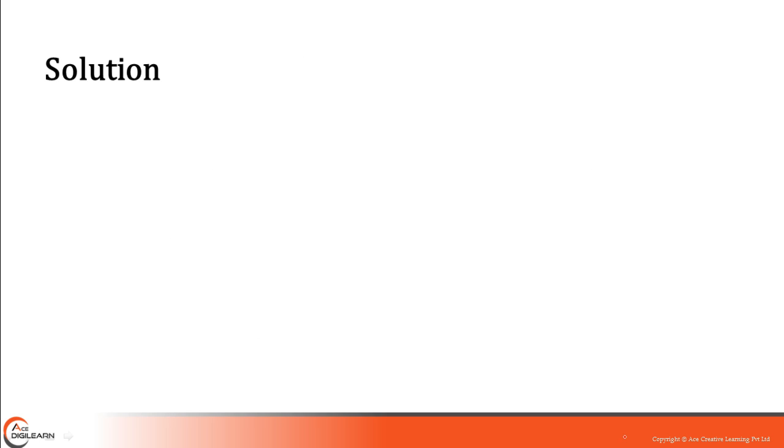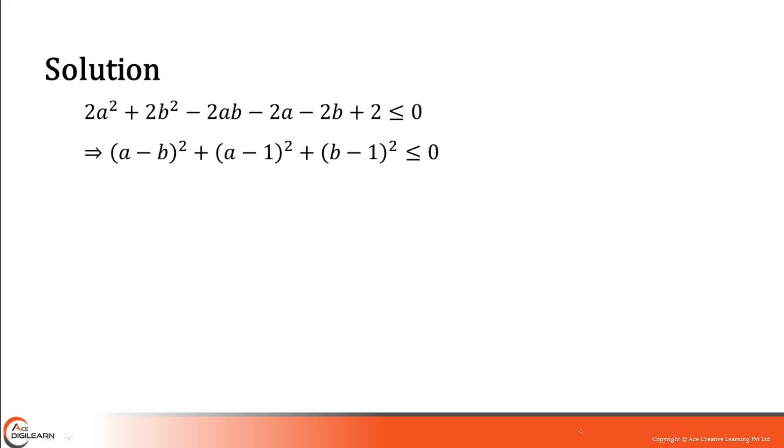From the given inequality, by multiplying with 2, we get 2a square plus 2b square minus 2ab minus 2a minus 2b plus 2 less than or equal to 0, which making into the perfect squares, we get a minus b whole square plus a minus 1 whole square plus b minus 1 whole square. So we know whole square term is always positive and sum of three positive terms can't be less than 0. So the only chance is it can be equal to 0.